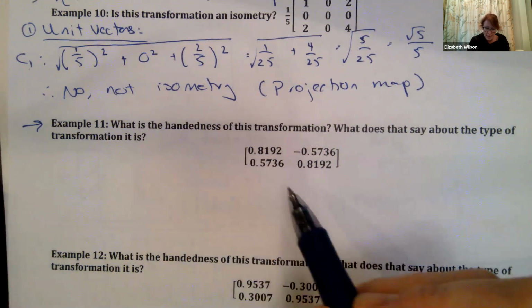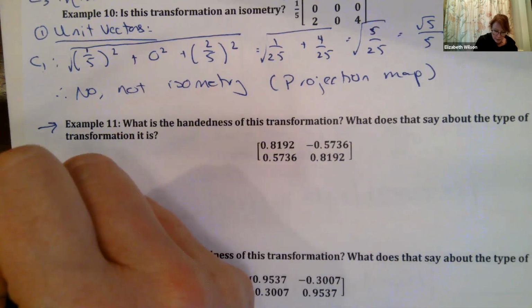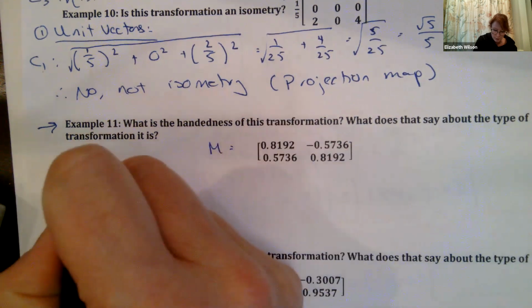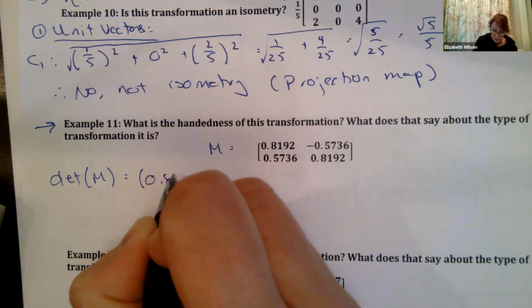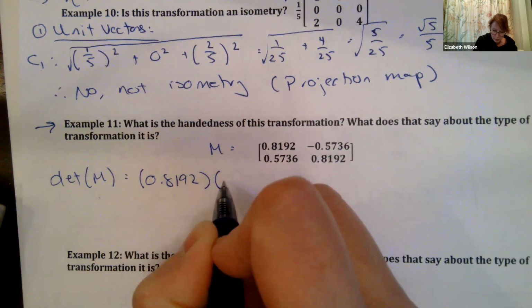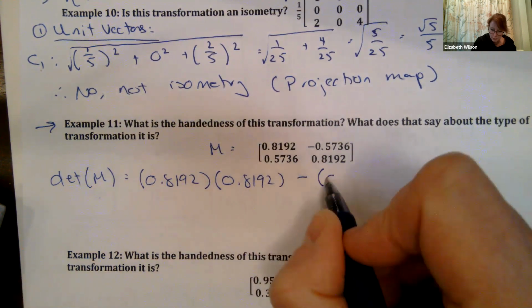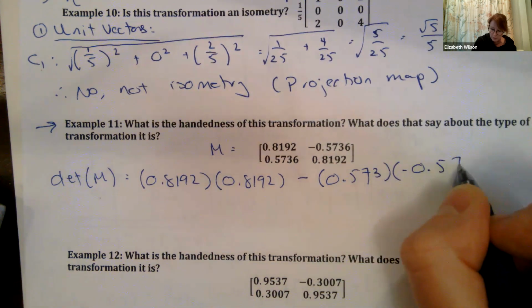Okay, so handedness of this transformation. Let's think about it. I'm going to take the determinant of our matrix M. So I'm going to multiply here. This is going to be 0.8192 times 0.8192 minus 0.5736 times minus 0.5736.